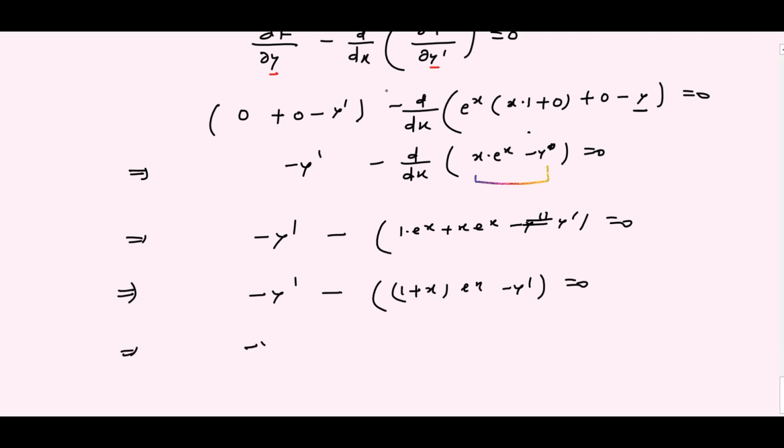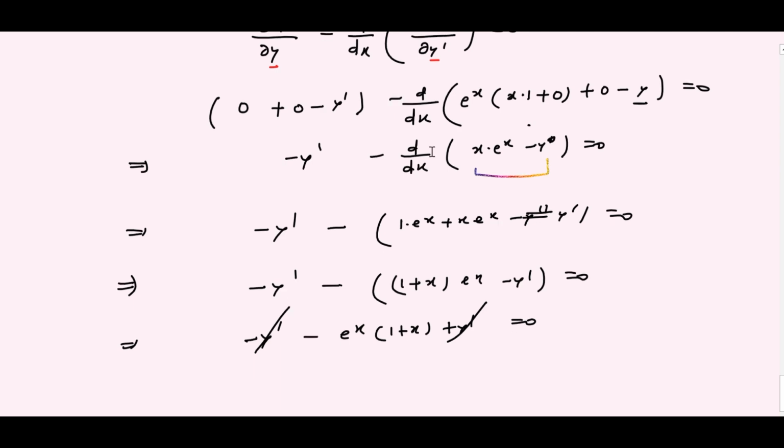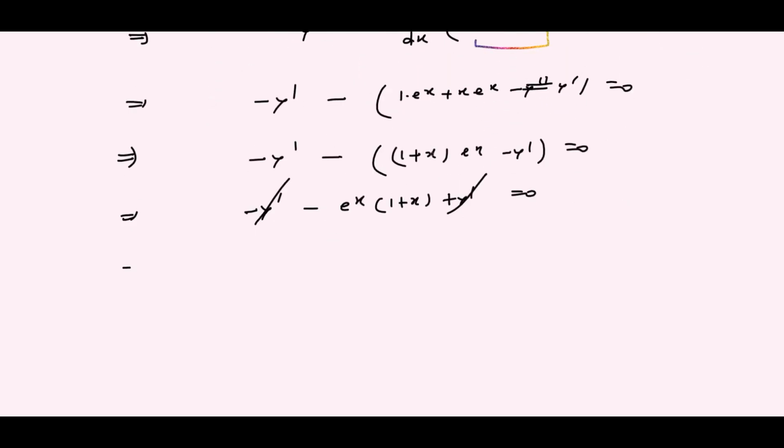So now open the bracket, multiply the whole term by negative, that is negative e to the power of x 1 plus x positive y dash is equal to 0. Here negative y dash and positive y dash cancel out. So further it will give e to the power of x multiplied to 1 plus x is equal to 0.